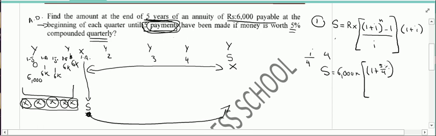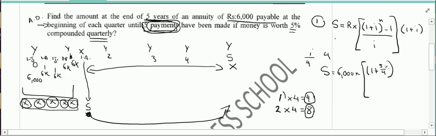Now the point to note is that if we have 1 year and compounding is quarterly, we multiply it by 4 and say n should be 4. If we have 2 years, we multiply it by 4 and say that n is 8. So basically this 4 is the number of payments and this 8 is also the number of payments.